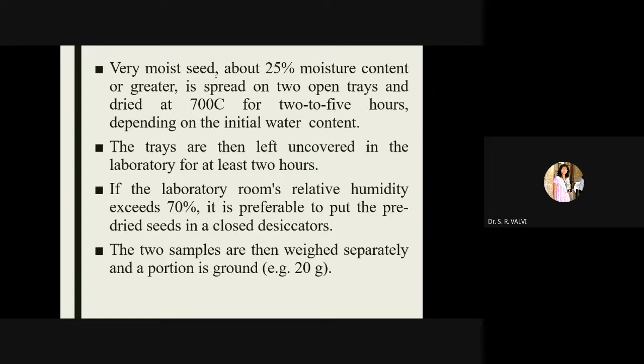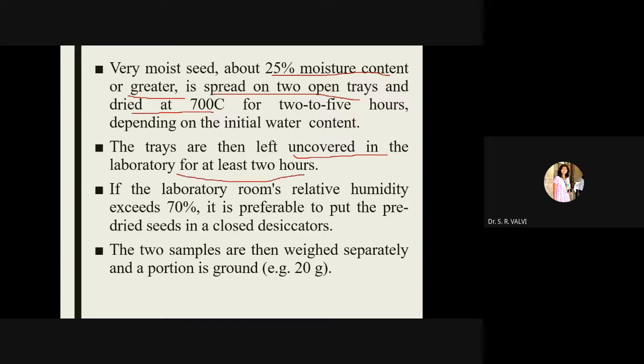Then very moist seeds, about 25% moisture content or greater, are spread on two open trays and dried at 70 degrees Celsius for 2 to 5 hours depending on the initial water content. The trays are often left uncovered in the laboratory for at least 2 hours.